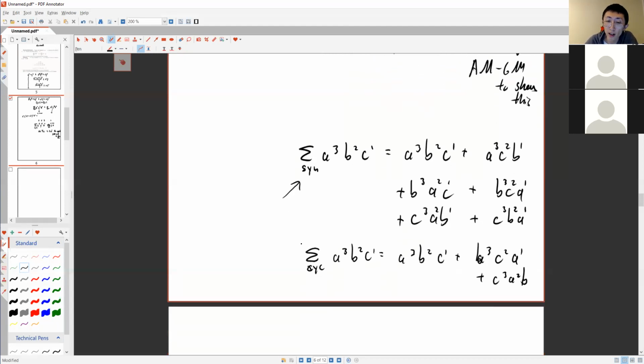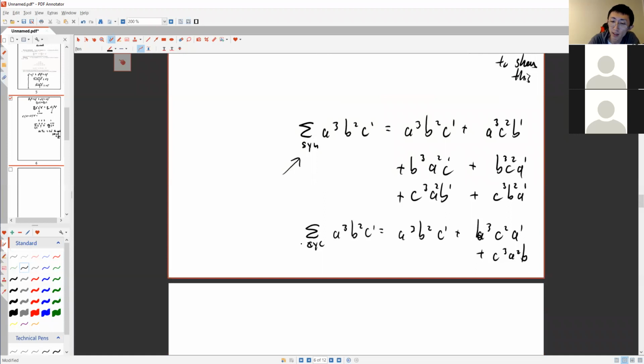So you have to be really careful when you do this, because let's say you have the symmetric sum on 4 variables, like a to the 6, b squared, c squared, d squared.